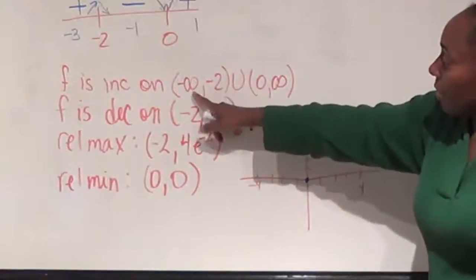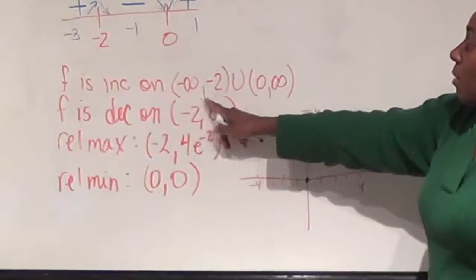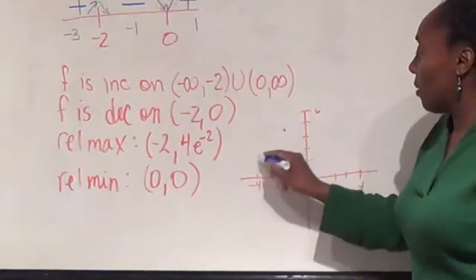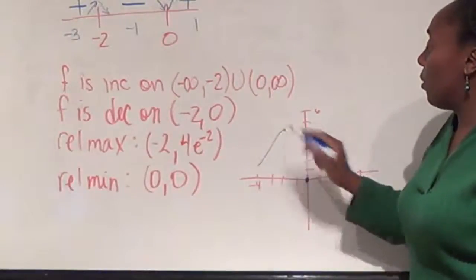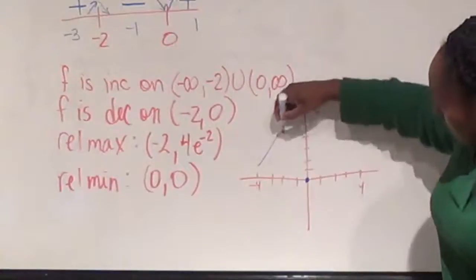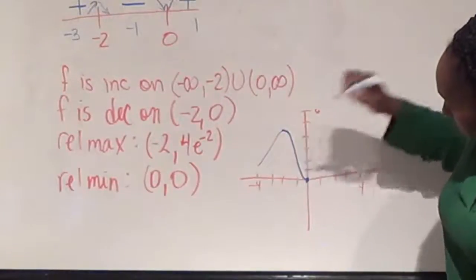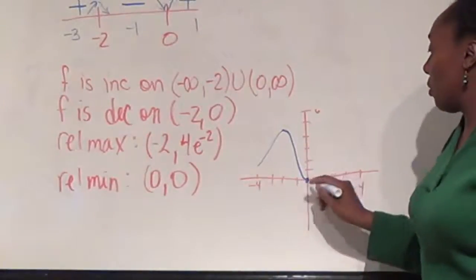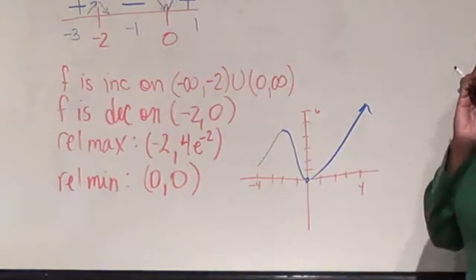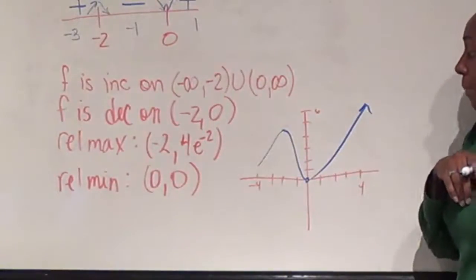Looking at our increasing and decreasing, we see it starts increasing from negative infinity to negative 2. So it's going to come up to our max point. Then we're going to decrease down to 0. And then we increase up to infinity, and it just keeps on increasing.